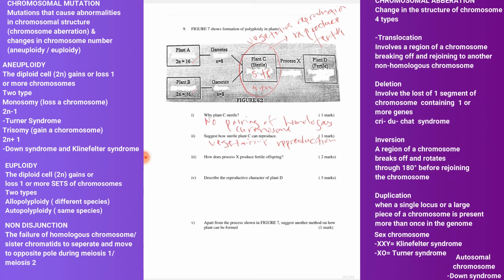How does process X produce fertile offspring?